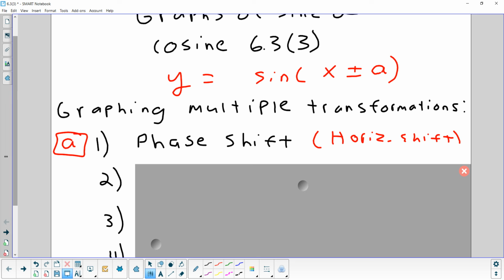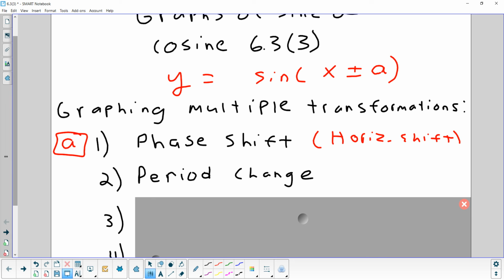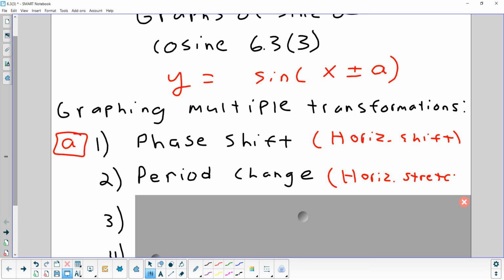Yep, the next thing you always look for in any multi-step problem is a horizontal stretch. With trig functions, we call that a period change. And remember, stretch could also mean compression. That would be when you multiply by a number next to the x. So a period change would be determined by B.